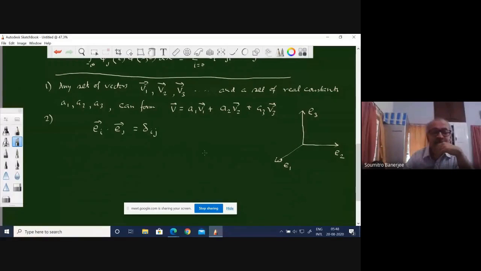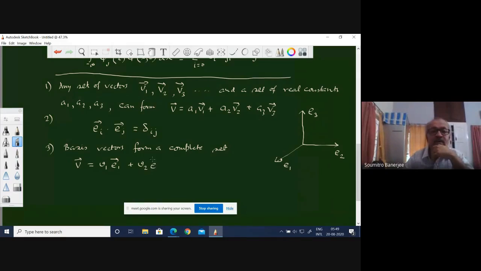Now, if we have defined basis vectors, then the basis vectors form a complete set. Complete set means any vector v can be expressed in terms of a coefficient v1 e1 plus v2 e2 plus dot dot dot, so all that put together.